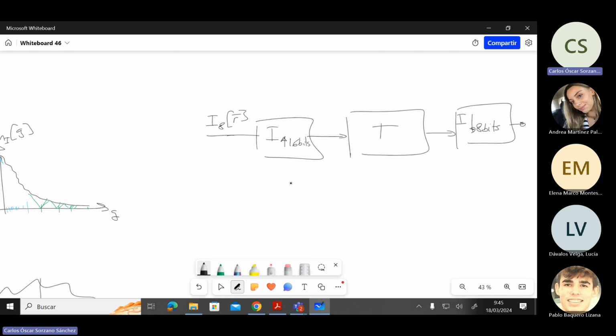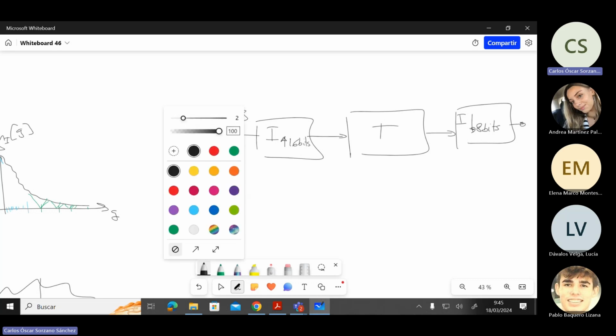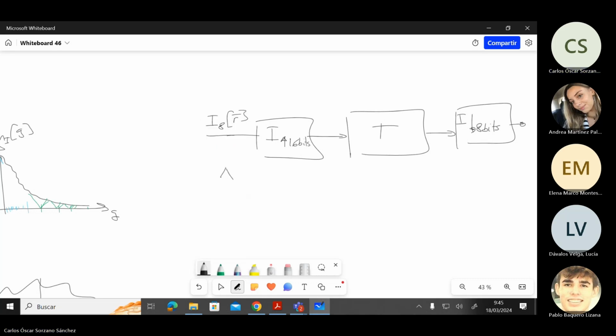The transformations are for consider decreasing the value of intensity. Not increasing or decreasing, but decreasing or increasing the intensity step. So now you have an intensity step, let's say here we have delta 1, here we have delta.